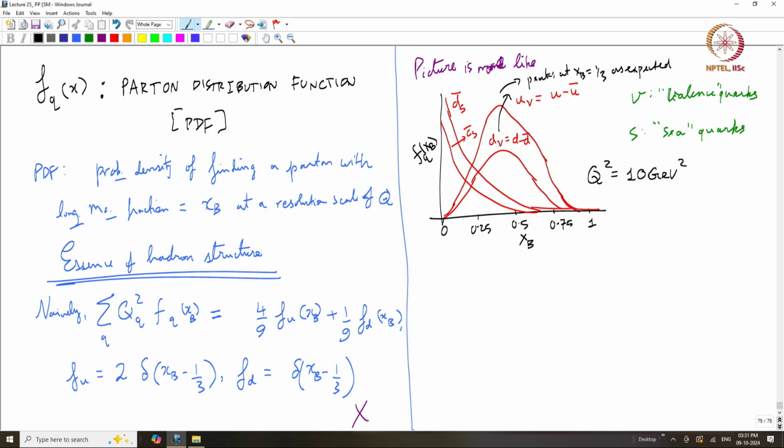Now, the way you can check whether there is a gluon or not is, let us call it a sanity check. Let us see if we have accounted for all the quarks, accounted for all the partons. The sanity check would be what is known as the momentum sum rule.